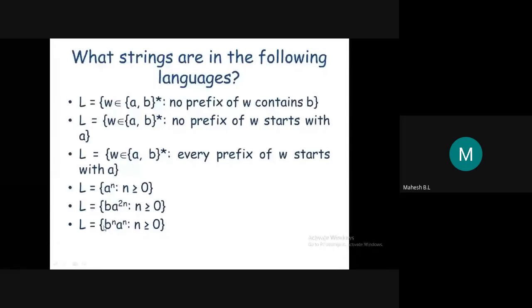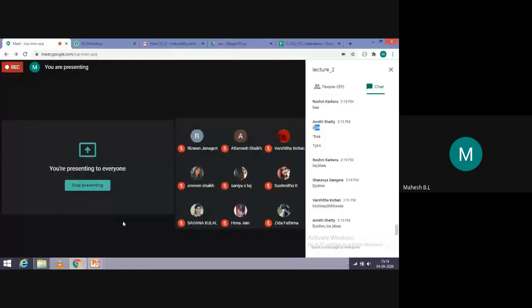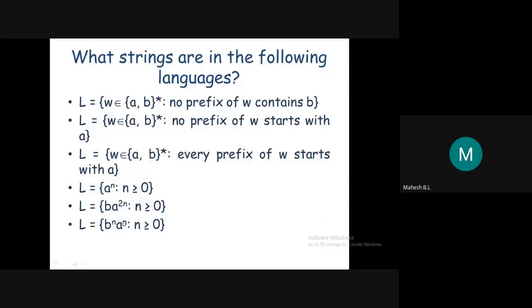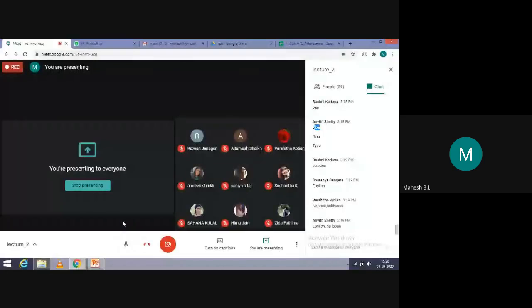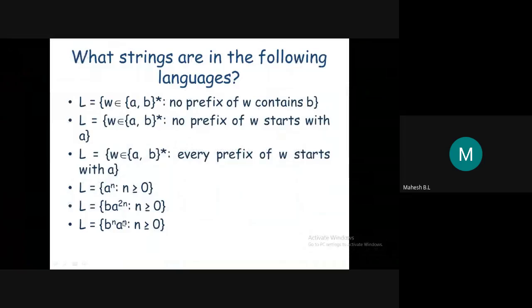But here, epsilon belongs because when n is 0, you have b power 0, a power 0, which is nothing but epsilon. Then ba, bbaa. So if two b's are there, 2 a's. Three b's, 3 a's. Like that, all such strings belong to L. So these are a few more examples.